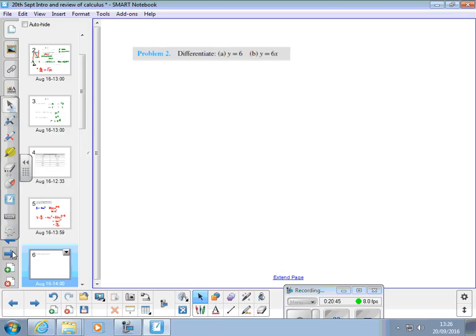Okay, A. y equals 6. What's the differential of y equals 6? It is 0, but can you work out what happens? What could we put in there so we bring in the variable x? We could put x in there.